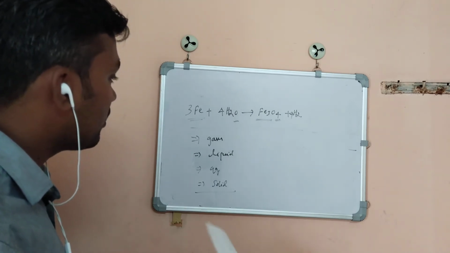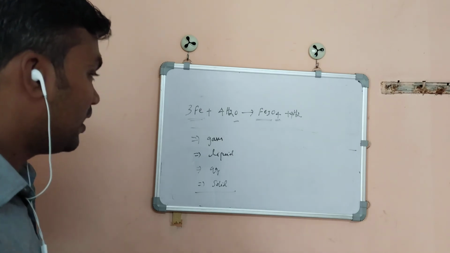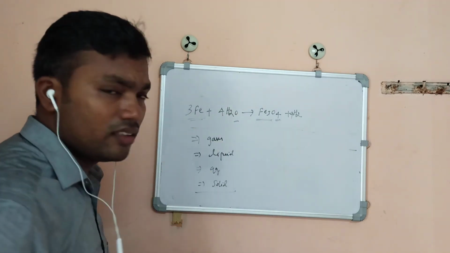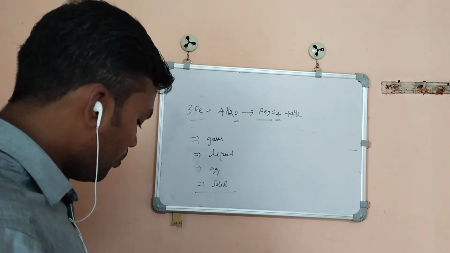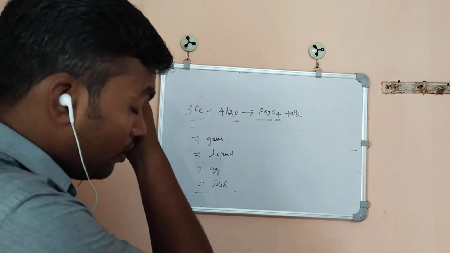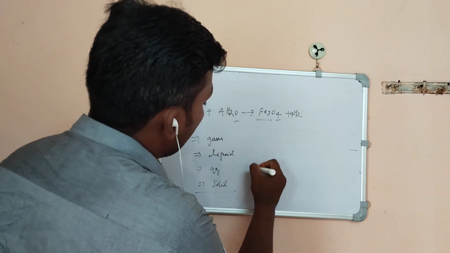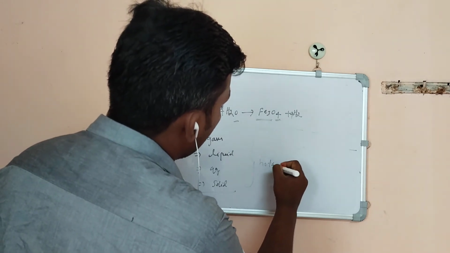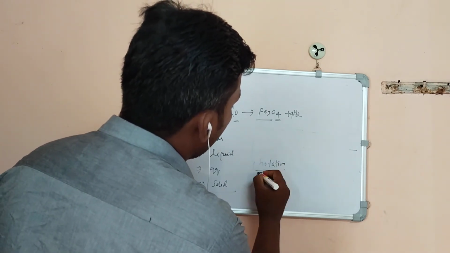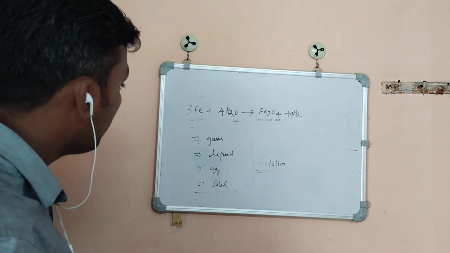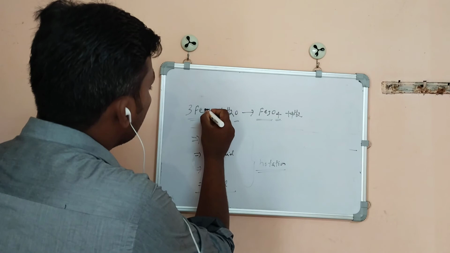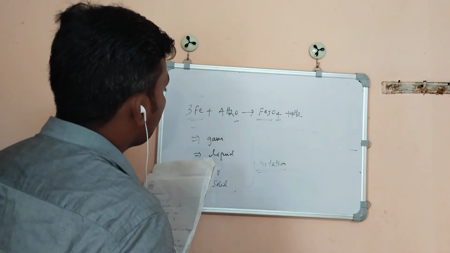No informative message you can get when you write an equation like this. You must use this notation to indicate the physical state of the compound. Here the iron is solid.